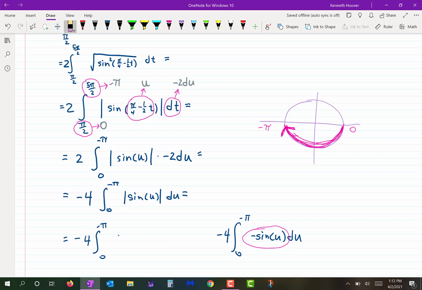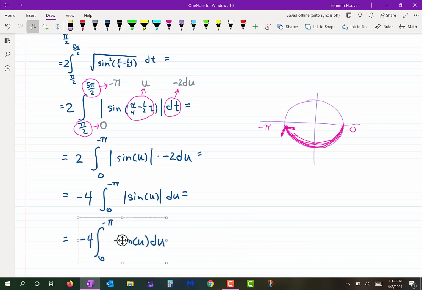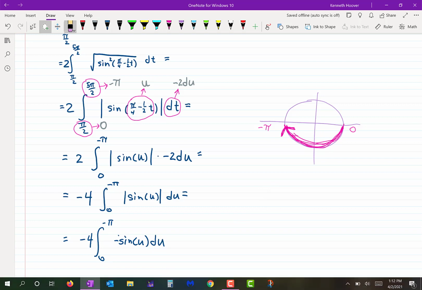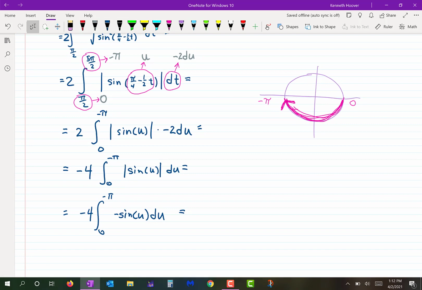So, let's slide that guy over in his rightful place. Okay. Something else you might want to do, it's up to you, but you can take that negative sign out front, and then you can just write positive 4 times the integral of sine.